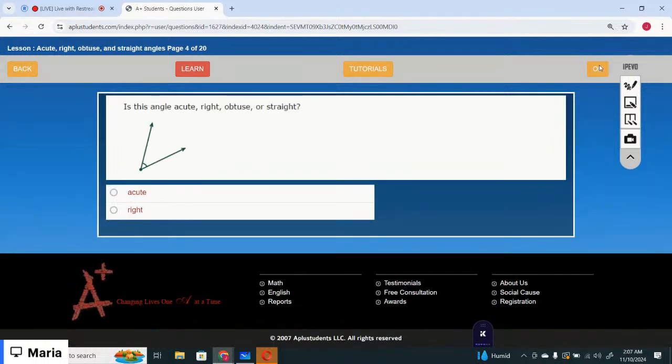Is this angle acute, right, obtuse, or straight? Which is the correct option? The correct option is acute angle, that is less than 90 degrees. So, that is acute angle. Option number one is the correct option.